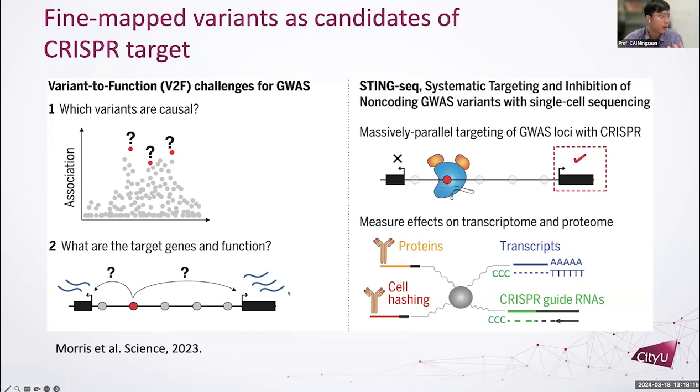Okay, and they actually found that this kind of fine map outcome is indeed influencing the downstream gene expression, and verify the fine mapping results are biologically meaningful.